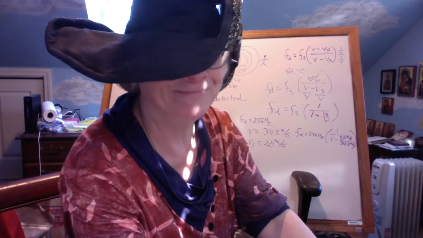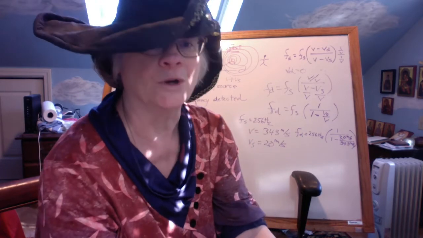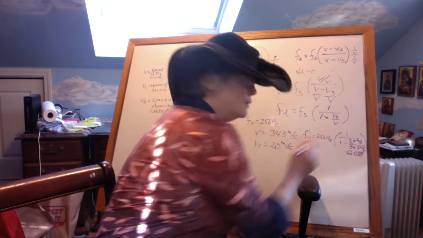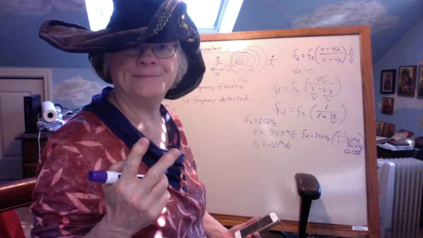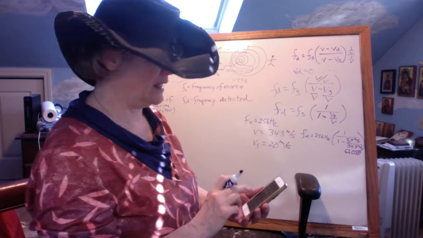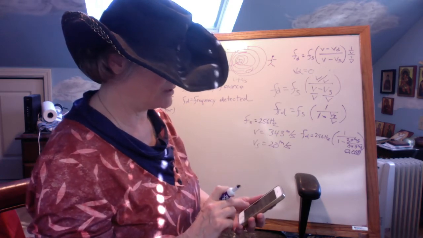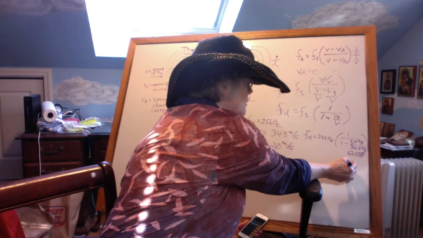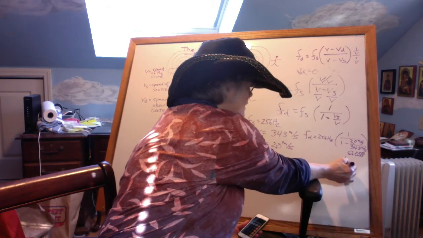Let's get out our calculator. I use the one on my phone. It's 0.058. We've got two significant figures. You still with me? Okay. And we subtract that from 1, and that gives me 1 over 0.94.